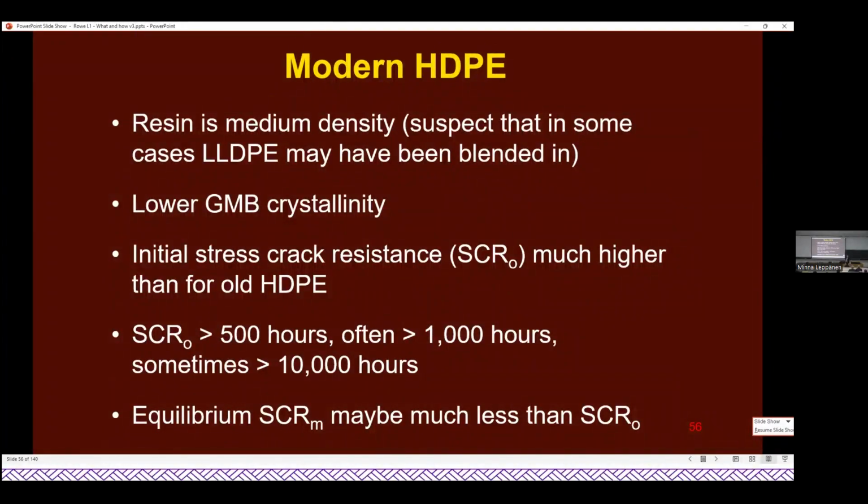It's usually a medium density resin because we found that HDPE was too prone to stress cracking. And so most of the geomembranes produced today have a medium density with better stress crack resistance. In some cases, they're being blended with LLDPE. The advantage of that is lower crystallinity, and that gives you improved stress crack resistance. Today, you can get products with a minimum of 500 hours stress crack, in some cases over 10,000 hours.